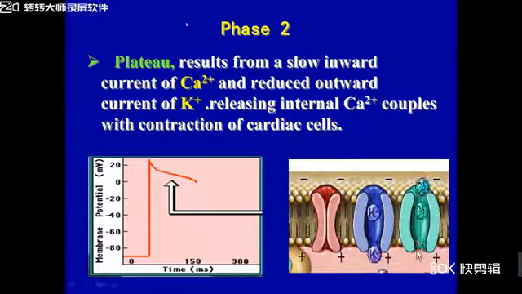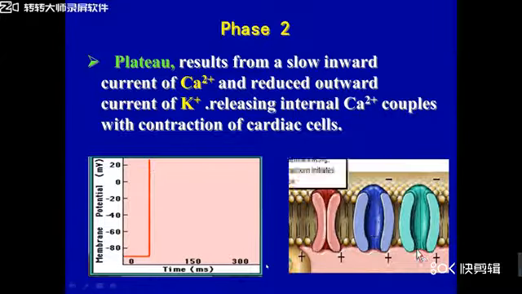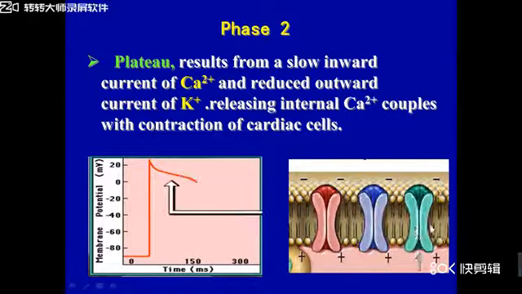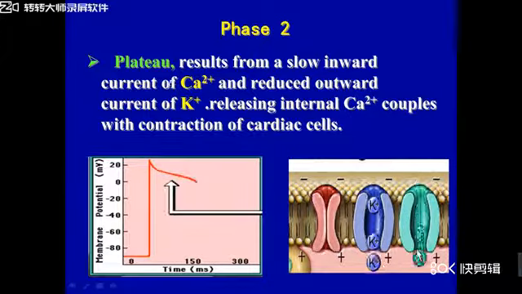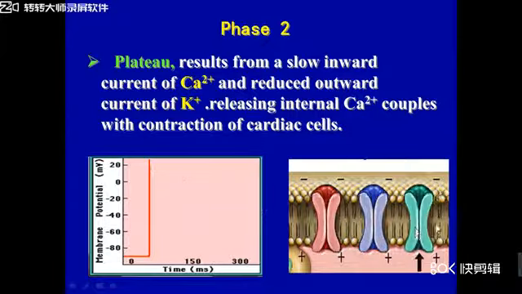And we know the plateau phase 2 is longer than the other phases. In the plateau phase 2, except for the potassium channel, another channel is the calcium channel. So the calcium channel and potassium channel are very important in phase 2.